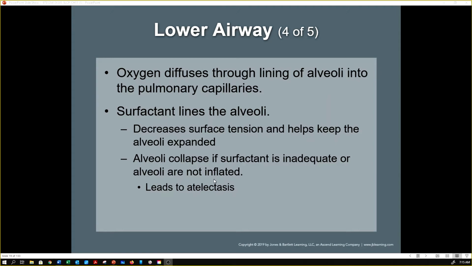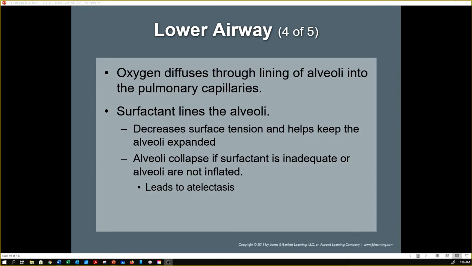When we have inadequate surfactant, that's going to cause a problem, right? It's going to decrease the surface area of the alveoli, and it'll decrease alveolar ventilation, and that leads to atelectasis.